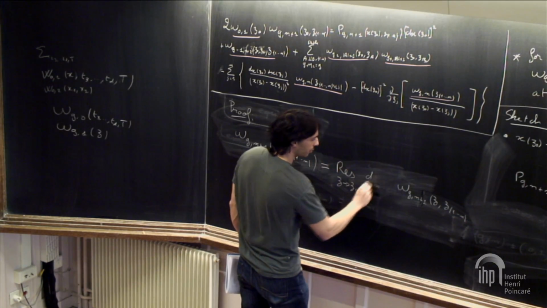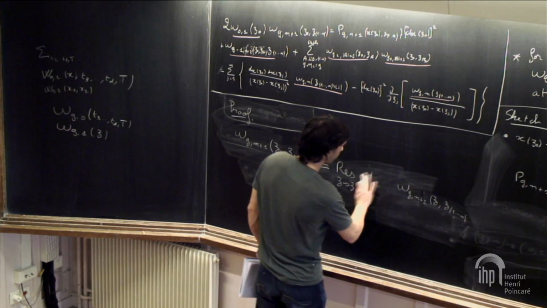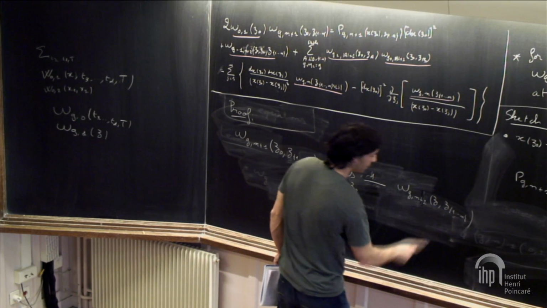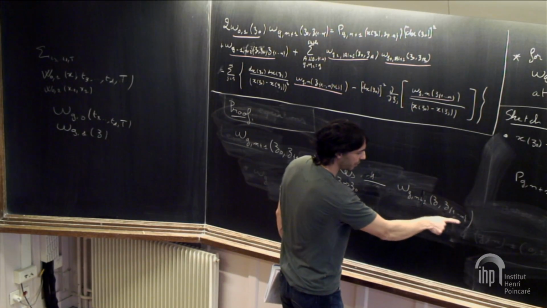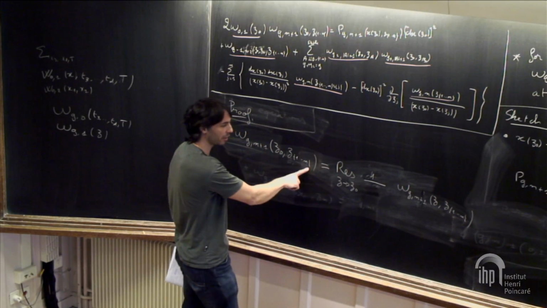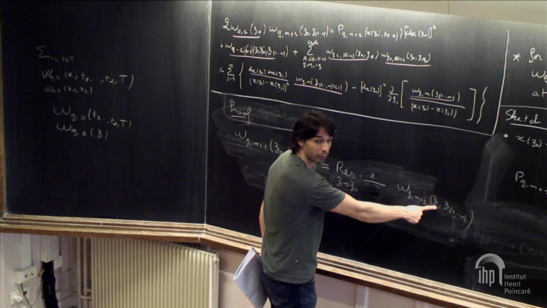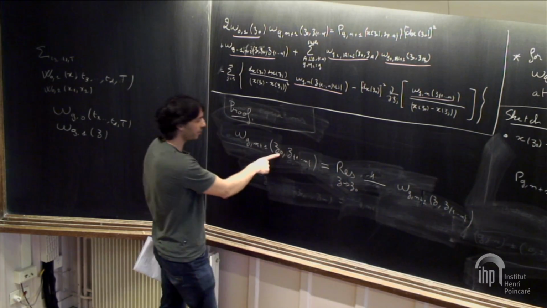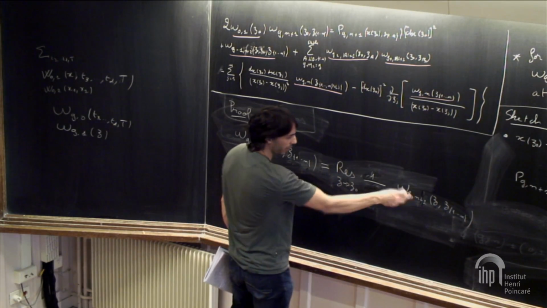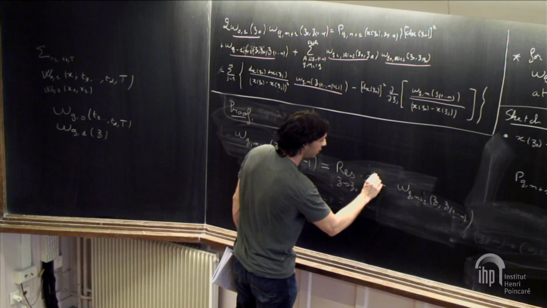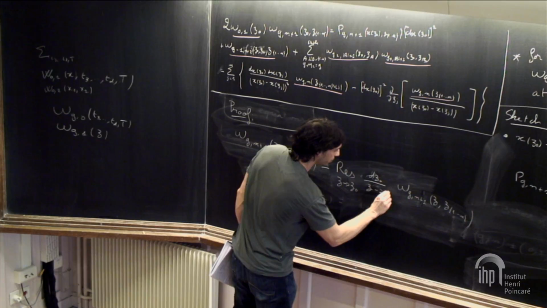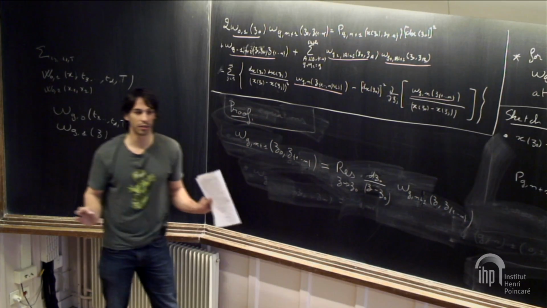And in order to compute it, remember that this is a differential form in z1 to zn, which is the same as here. This is a differential form in z, so I can integrate it in order to compute the residue. And this is a differential form in z0, which I don't have here. So I write it as dz0 divided by z minus z0. This is just Cauchy formula.